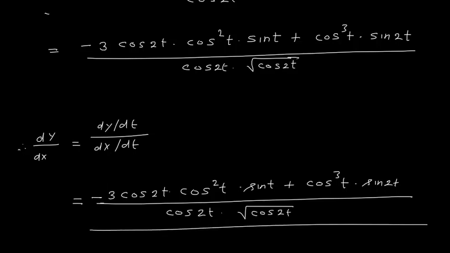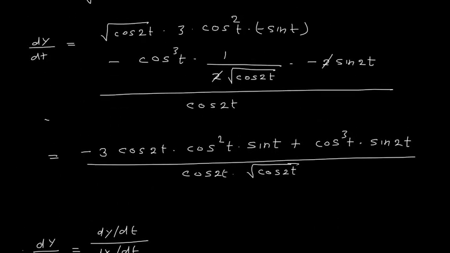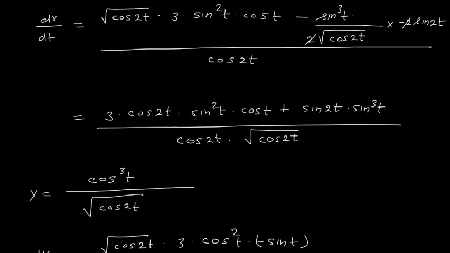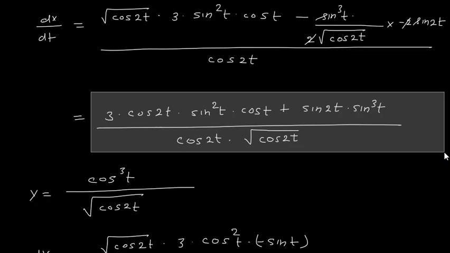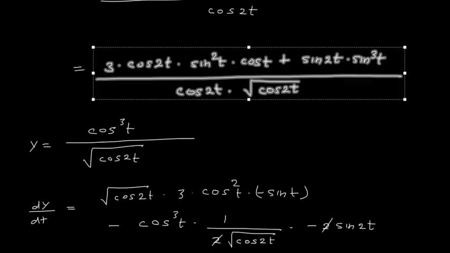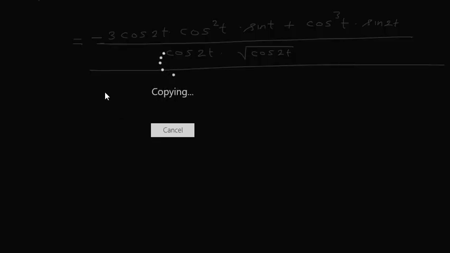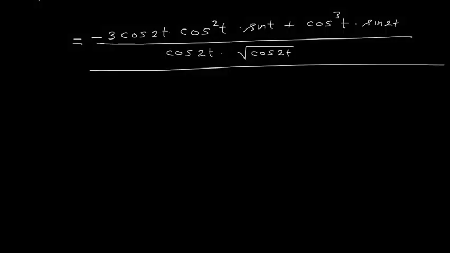This whole divided by dx upon dt. So the value of dx upon dt is this, our dx upon dt. Let us bring it from here and write it here.